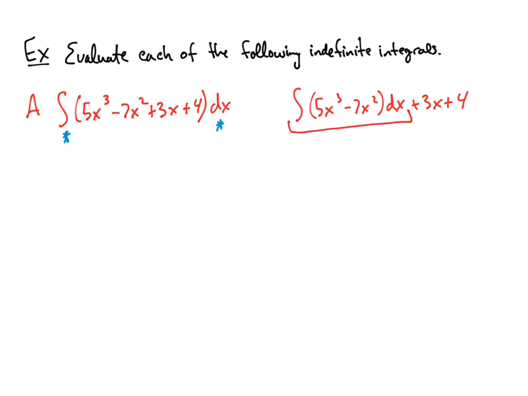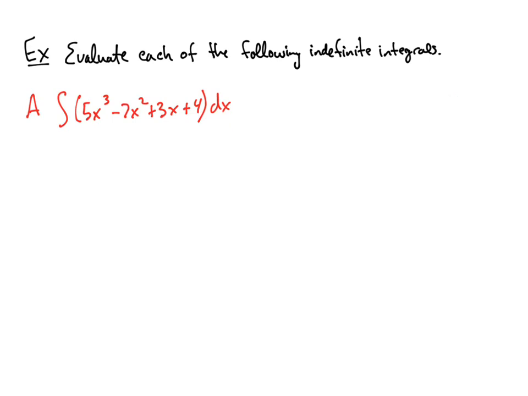We would not be taking the integral of 3x plus 4 because 3x plus 4 is not between the integral symbol and dx. So we can think about the integral symbol and dx kind of like our set of parentheses around whatever function we are finding the antiderivative of.